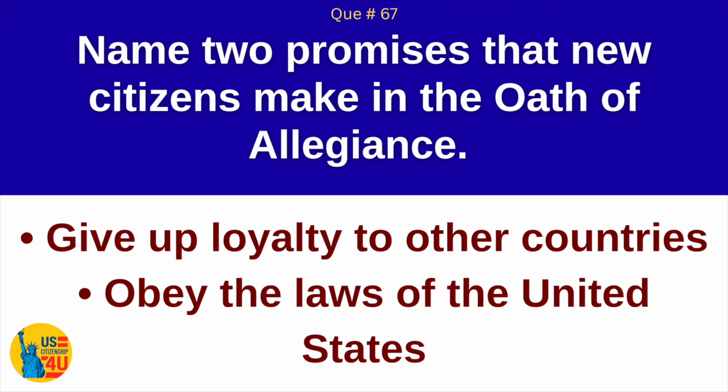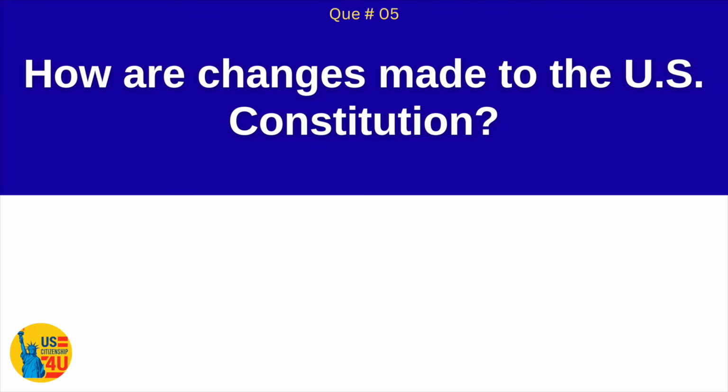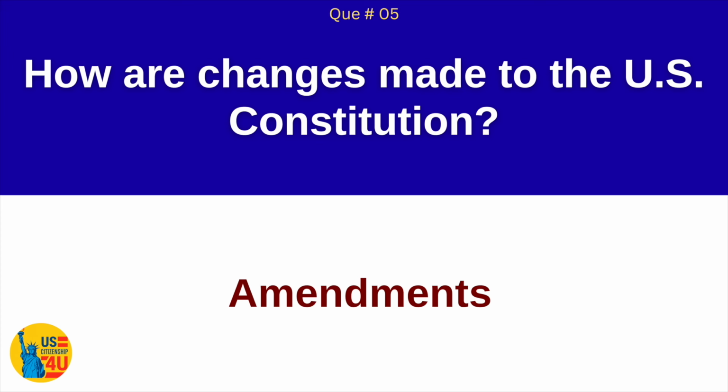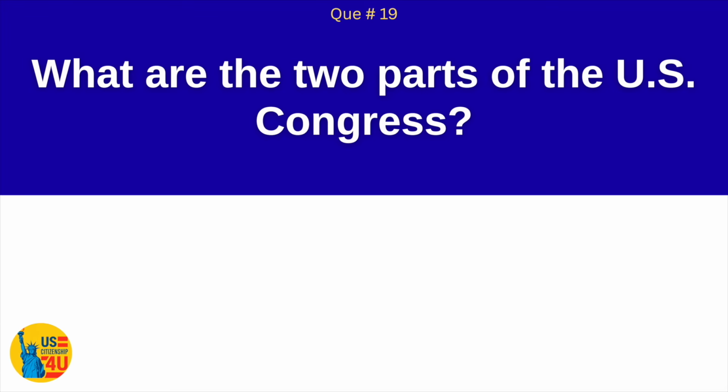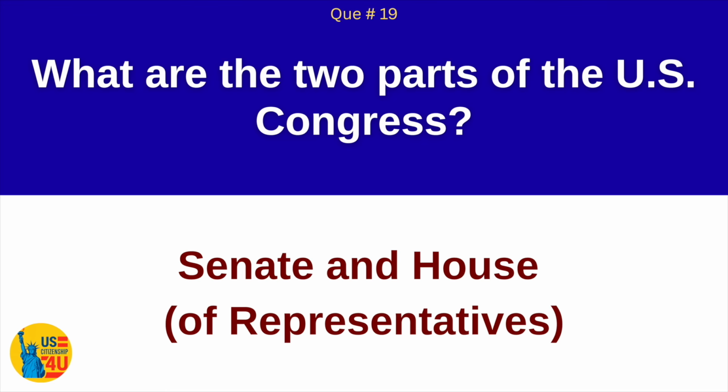Obey the laws of the United States. How are changes made to the U.S. Constitution? Amendments. What are the 2 parts of the U.S. Congress? Senate and House of Representatives.